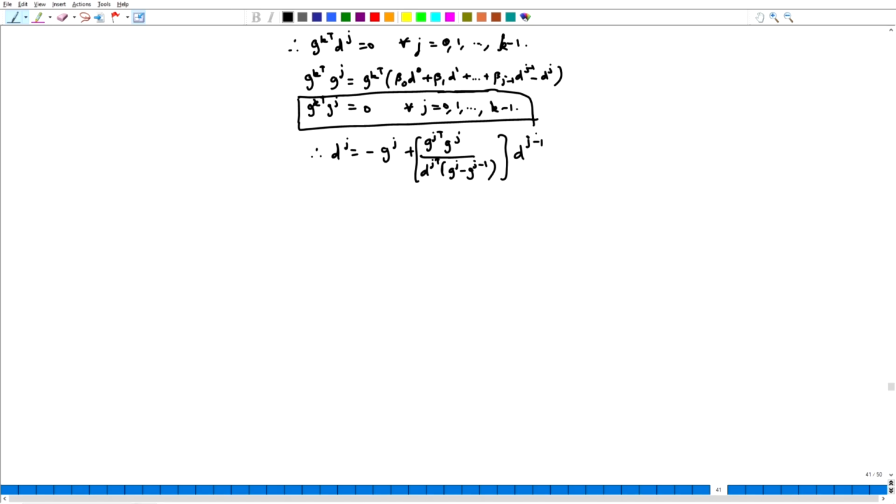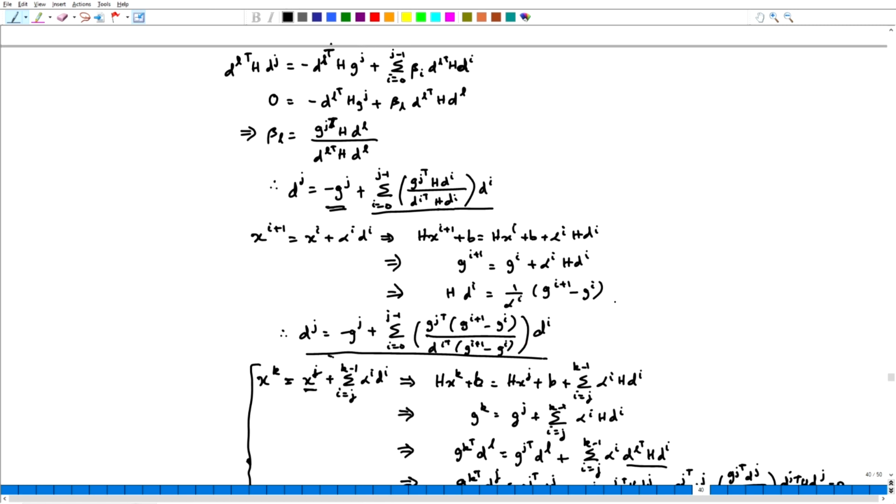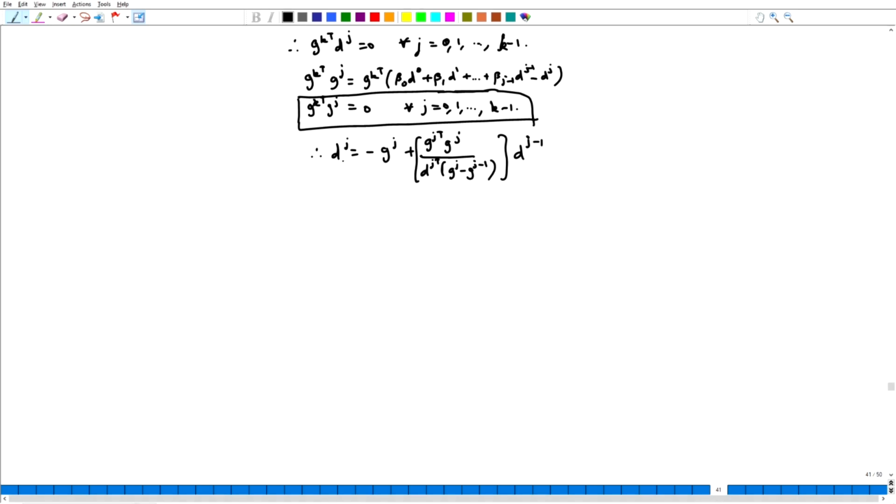This is much more simplified, because here the direction at the jth iteration depended on the directions at all the previous iterations, but now you can see that the direction at iteration j depends only on the direction at iteration j minus 1. This can be further simplified too.